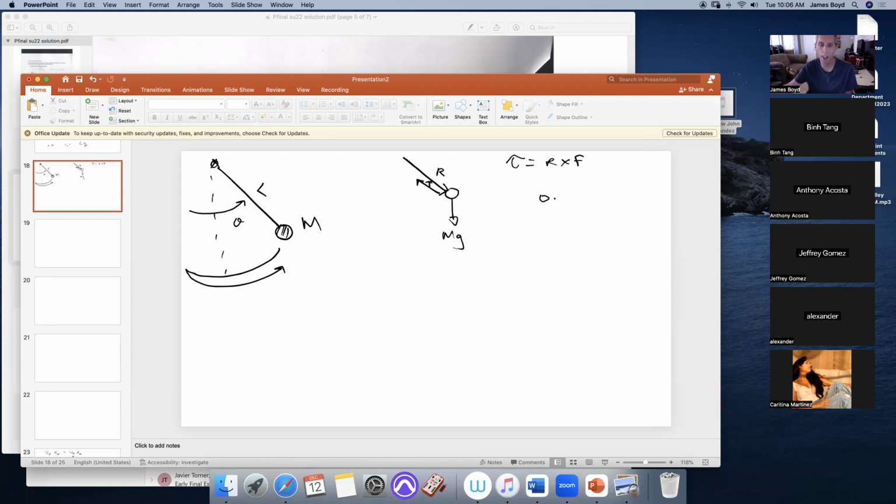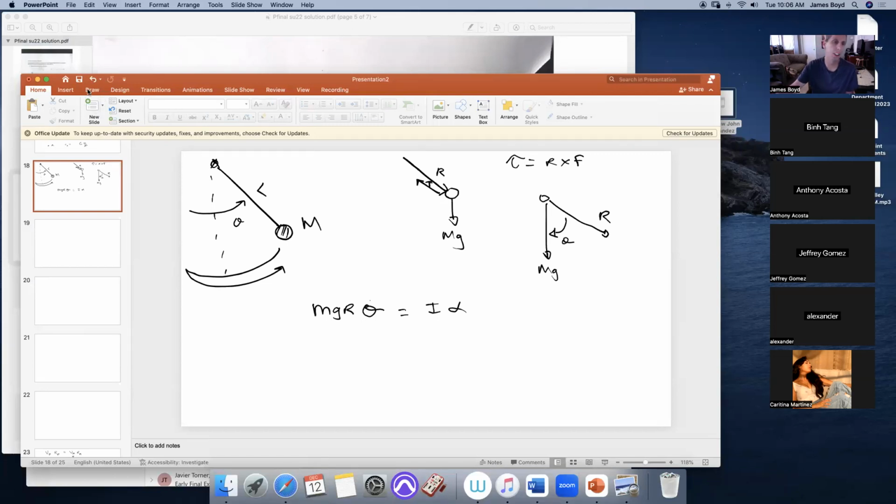But if we try to cross r with mg and the angle between them, and we take the small angle, it turns out that the torque is mgr times the angle between them. And torque is equal to I alpha.